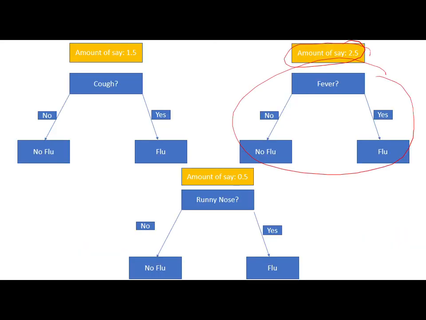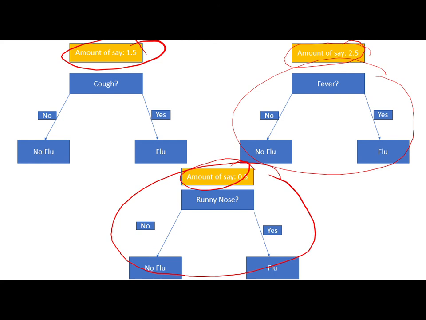Basically it means that it did pretty well in predicting whether or not somebody has the flu. Compare that to runny nose. The amount of say is 0.5. Essentially, the runny nose wasn't a good predictor in comparison to fever. And cough had an amount of say of 1.5. So it did pretty well. Not as good as fever, but much better than the runny nose.